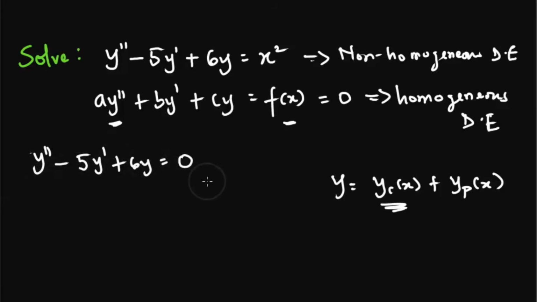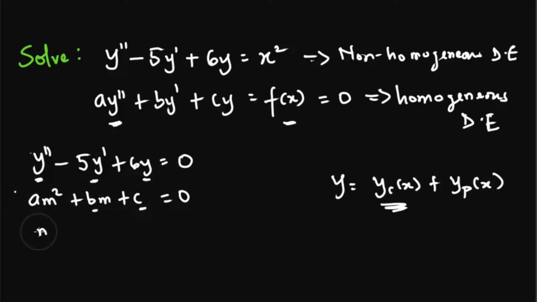To solve this equation, the first thing to do is to get the auxiliary equation. The auxiliary equation is in the form am squared plus bm plus c equals 0, which transforms our differential equation into a quadratic equation which we can easily solve. a is the coefficient of y prime prime, b is the coefficient of y prime, and c is the coefficient of y.